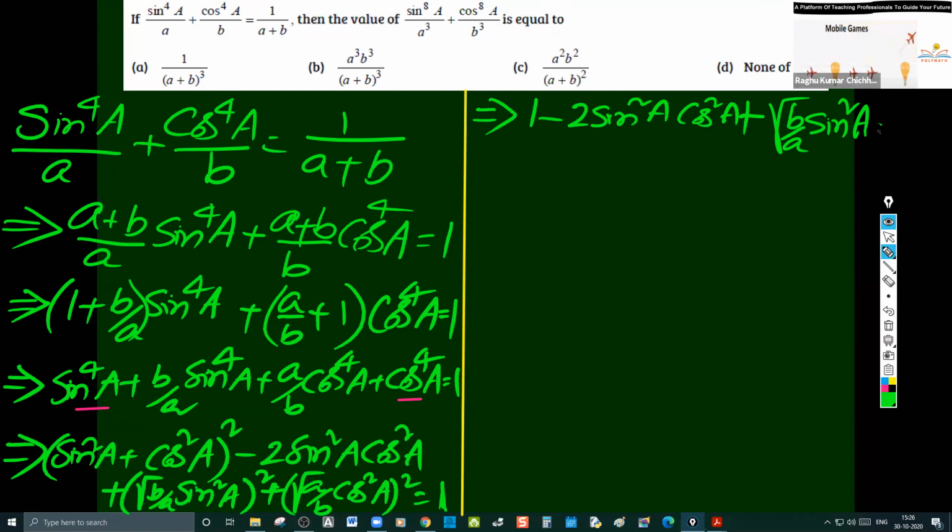A minus B, that is root over B by A sine square A plus root over A by B cos square A whole square plus 2 sine square A cos square A is equal to 1.